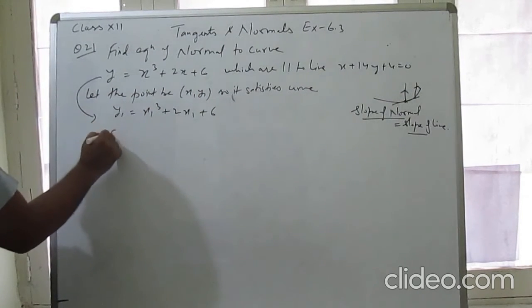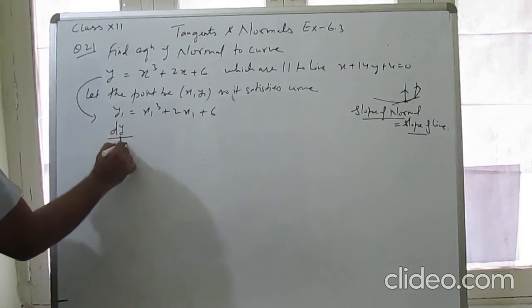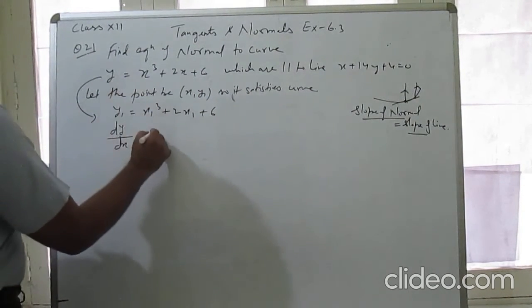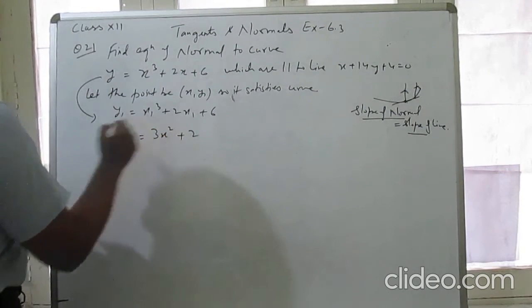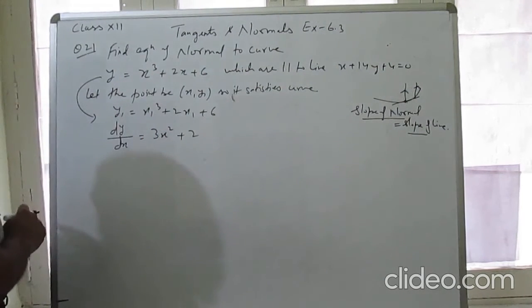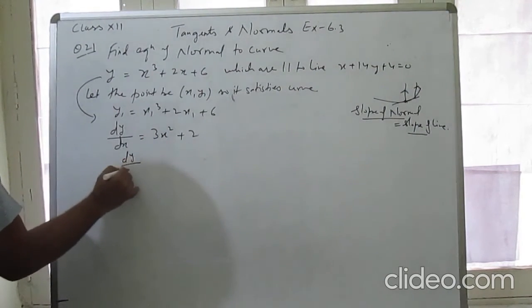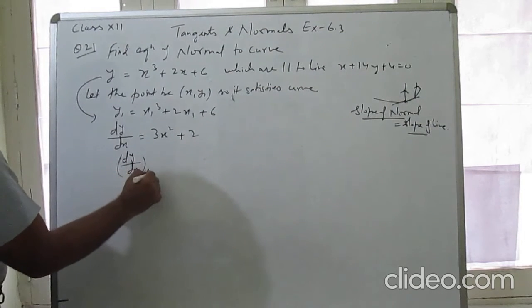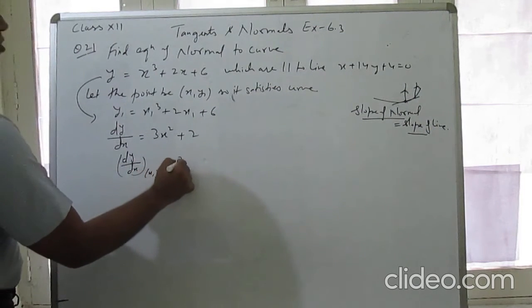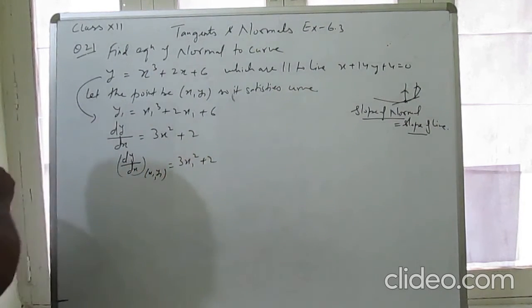Now dy by dx is equal to 3x square plus 2, and the 6 becomes 0. So dy by dx at (x1, y1) is 3x1 square plus 2.